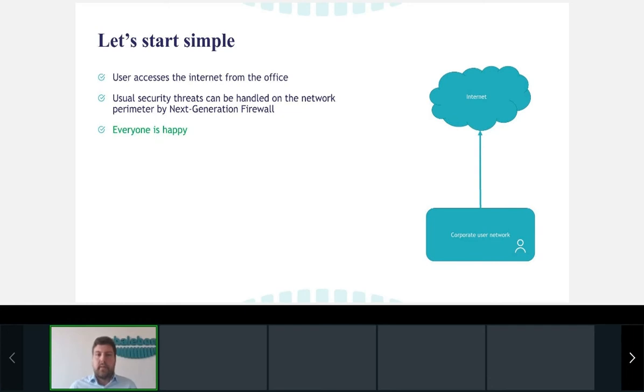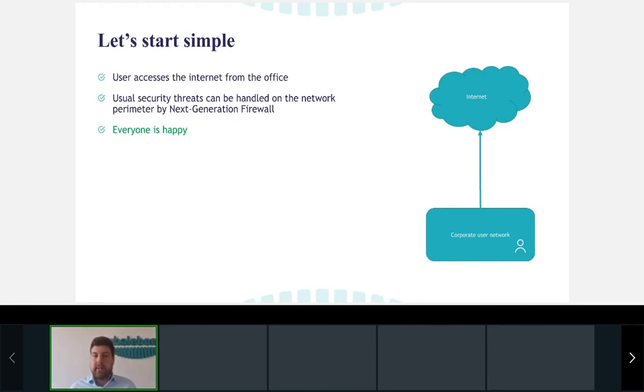So if we start really simple, we have a simple corporate user network, headquarters, offices, with a single security perimeter, let's say secured by a next generation firewall, and everyone is happy there.